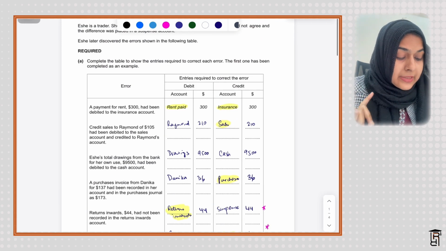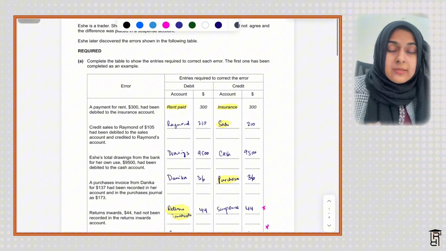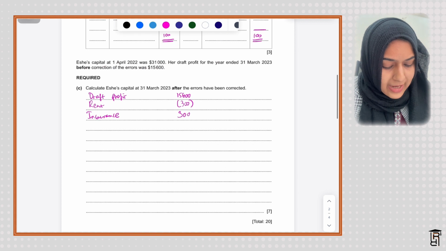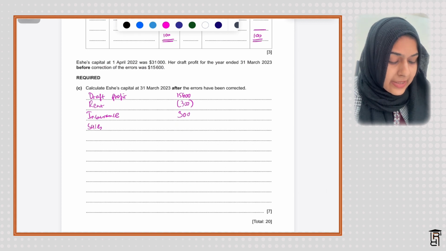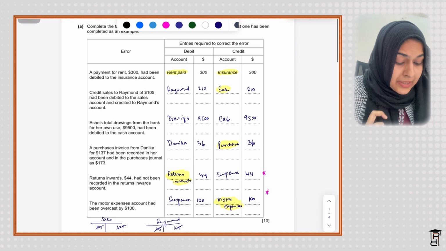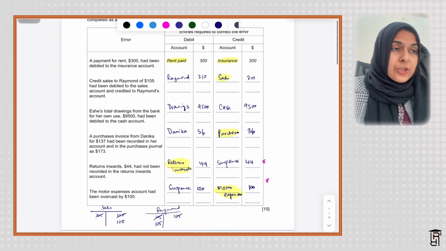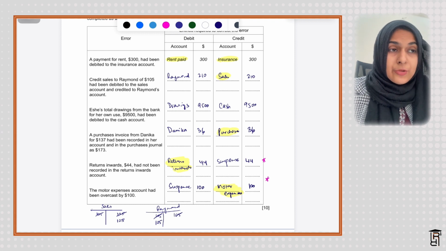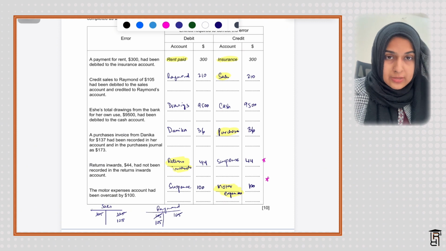For the next, yes, sales, when you credit sales, that means you're increasing the revenue. And whenever you increase revenue, you add that to the profit. So I write here sales, I write here 210, and that will be added to my profit. Then purchases, whenever you decrease purchases, so that means whenever you're crediting purchases, you're decreasing purchases. That means your cost of sales is going to decrease.